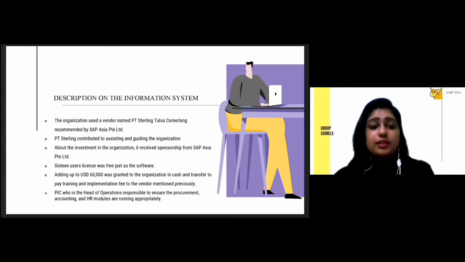Adding up to USD 60,000 was granted to the organization in cash transfer to pay training and implementation fees to the vendor mentioned previously. As for the person in charge, PIC, who is the head of operations, is responsible to ensure the procurement, accounting, and HR modules are running properly.